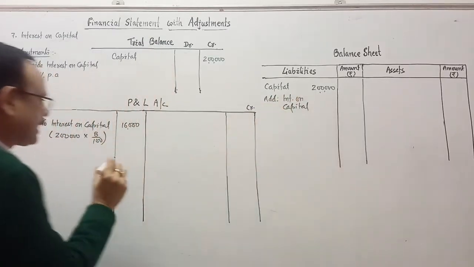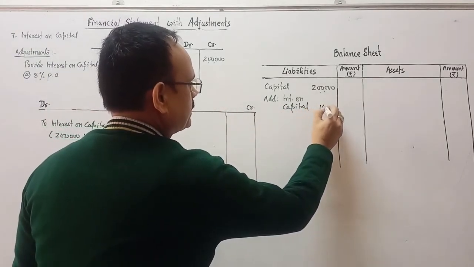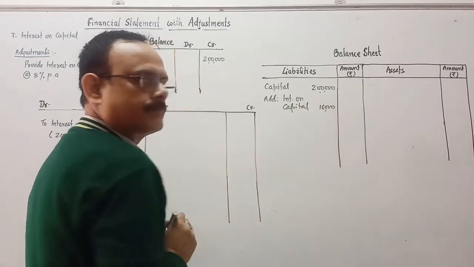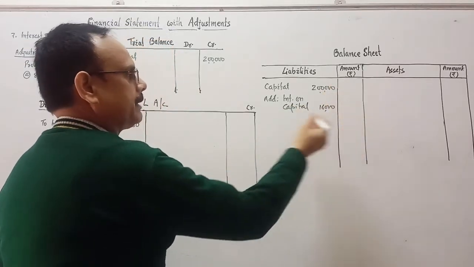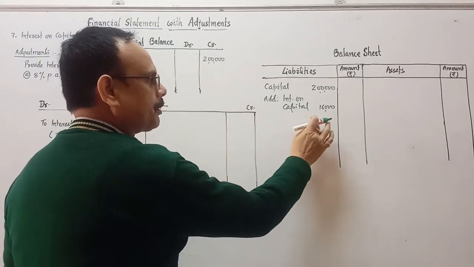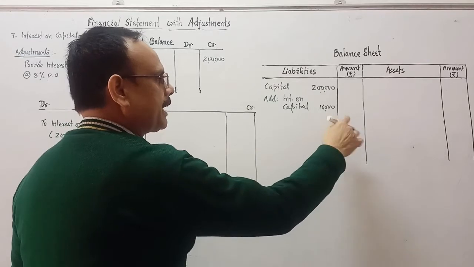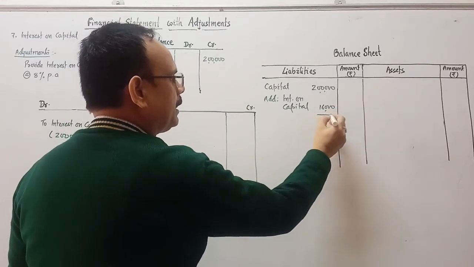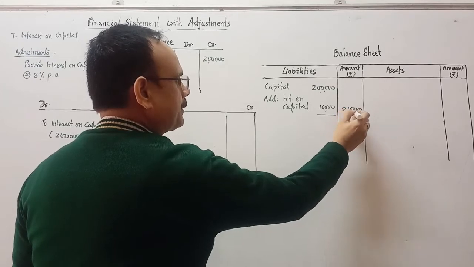Interest on capital is 16,000, so add 16,000 interest on capital, and write the amount in the outer column. If there is a profit, then you add the net profit. If there is a drawing, then you deduct the drawings, and then you write the figure in the outer column. This is for interest on capital.